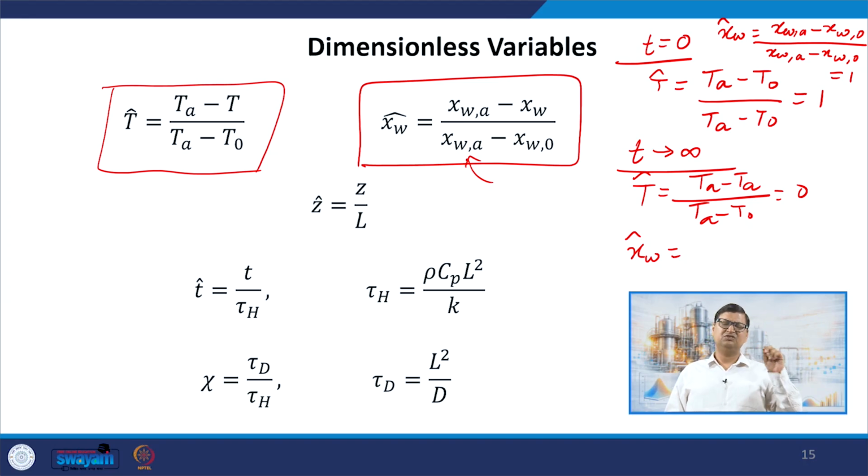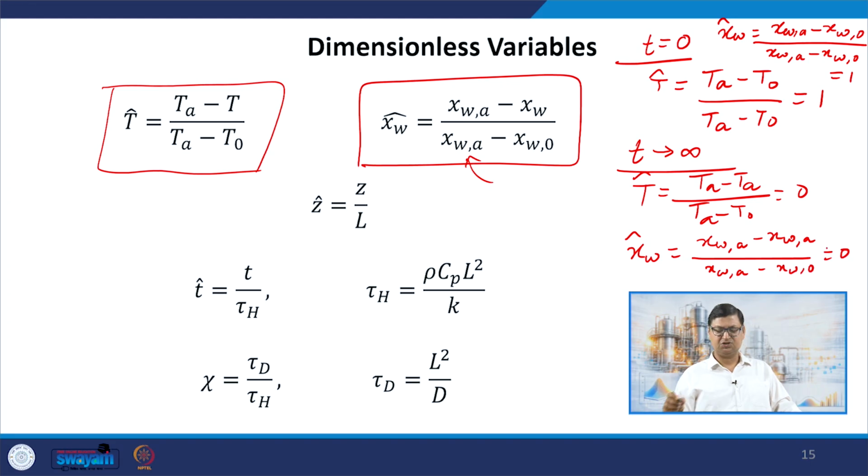So, the moisture of the biscuit, once it evaporates, does not make much difference in the ambient moisture content. So, eventually xw is going to be xwa, and this also goes to 0. So, again, just like T cap, xw cap is also going from 1 to 0.